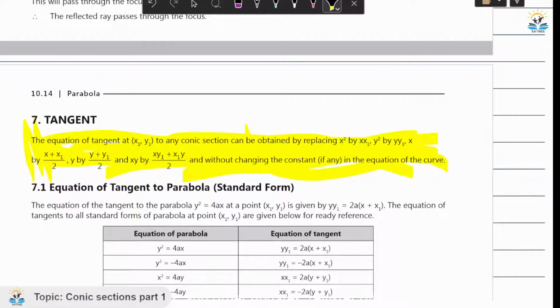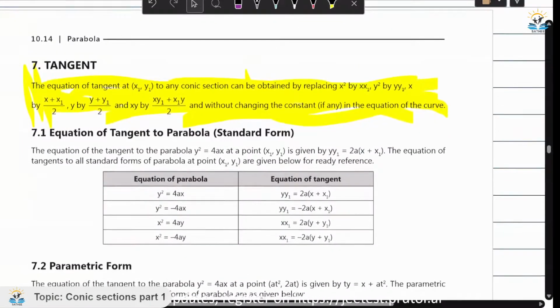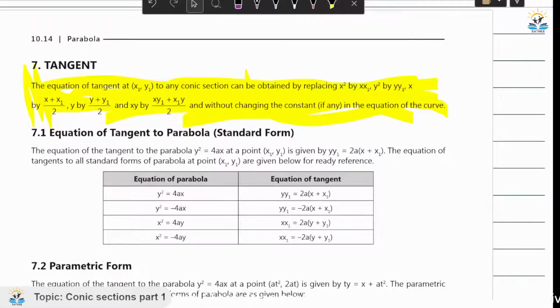Okay. So you read it. It is very easily understandable, and you can apply this on every conic, be it the parabola or the hyperbola or the ellipse. This is applicable on all three of them.